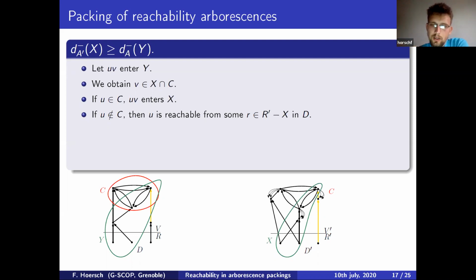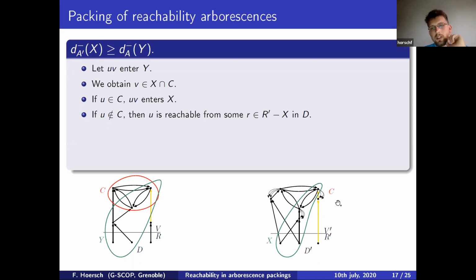Because uv is an arc entering C, and because u was reachable from that vertex r, I have also created that arc r to t_uv. And by definition, I have also created that arc t_uv to v.